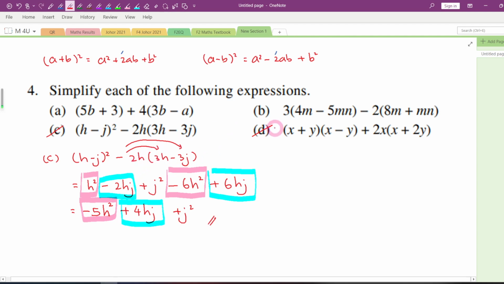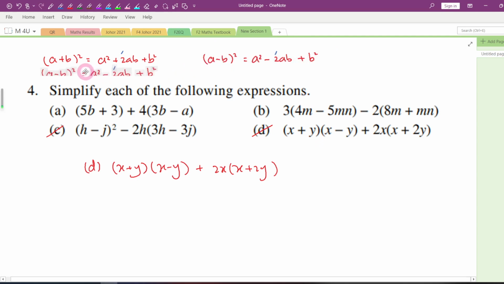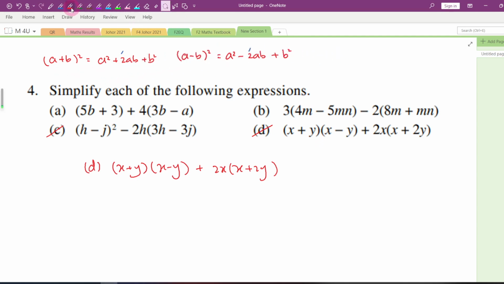So let me go to part D. x plus y, x minus y, and 2x times x plus 2y. Okay, so here let me introduce to you another formula which can actually help you when you do the expansion or factorization.